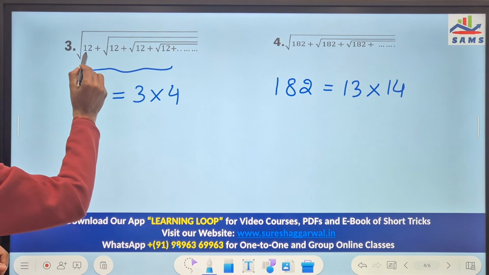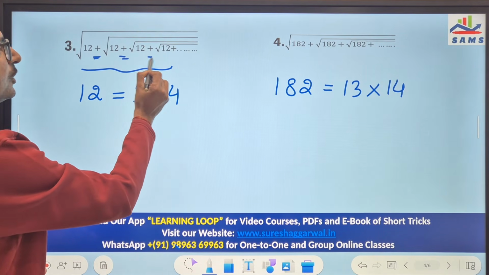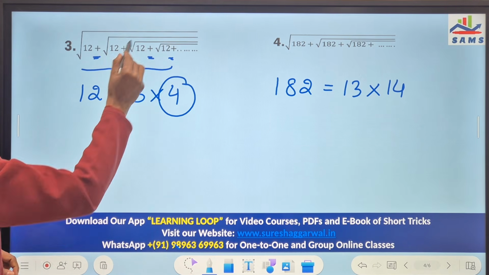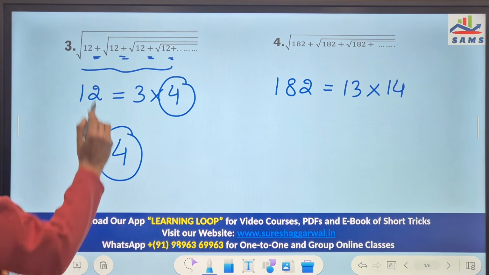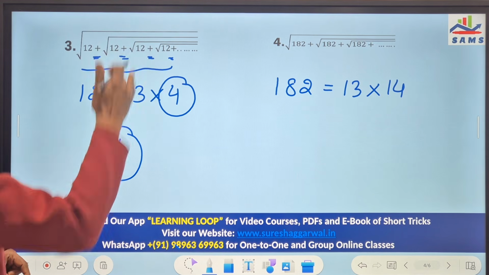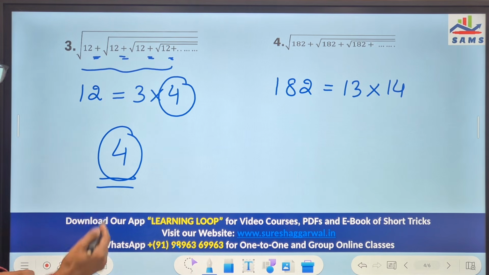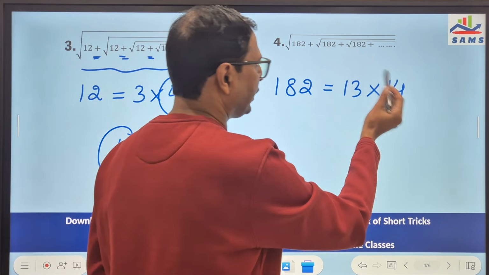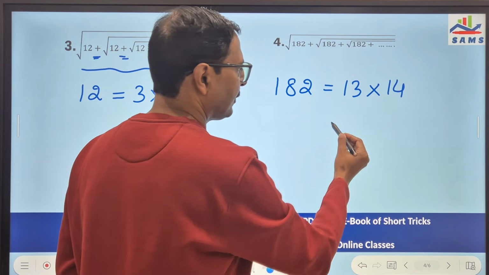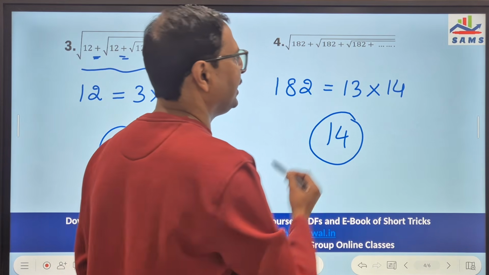When there is a plus sign in the question, then the larger number which you have obtained is your final answer. So the answer for square root of 12 plus square root of 12 plus square root of 12 up to infinity is 4. Likewise here, we wrote it as 13 times 14, so the answer will be 14.